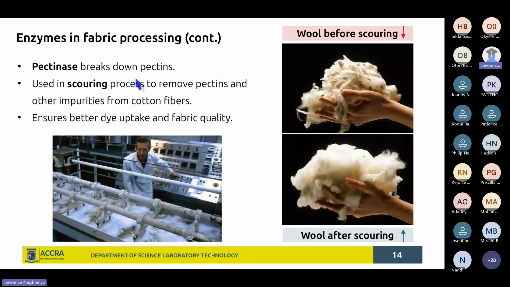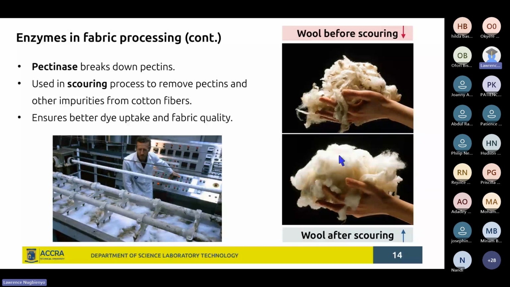So you see the picture below, in a textile industry, where you have wool soaked with some enzymes, a pectinase in there. And you see the wool on the right-hand side, before scouring, has a lot of dirt in there. But after scouring, in the picture below, you see that the wool has become finer.